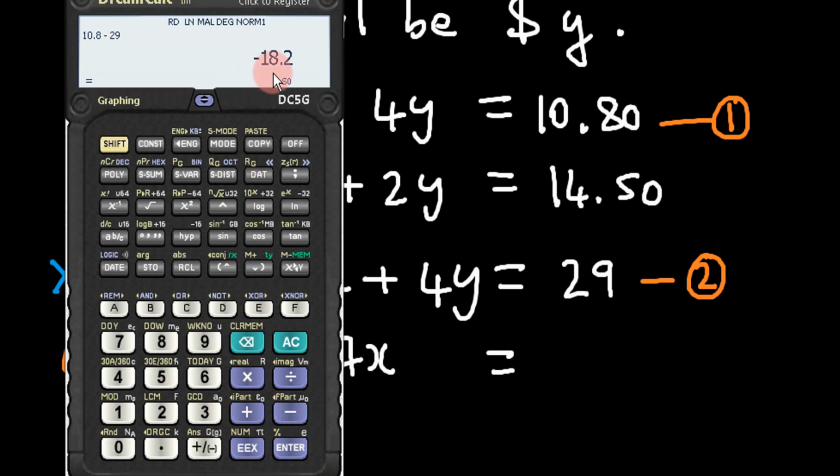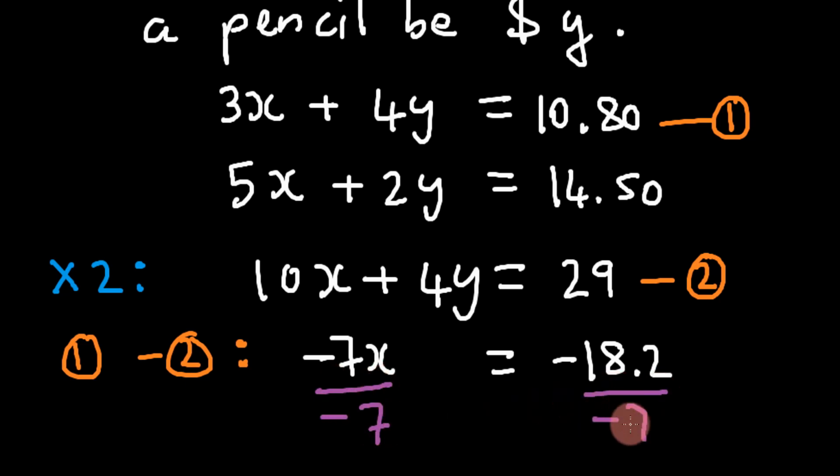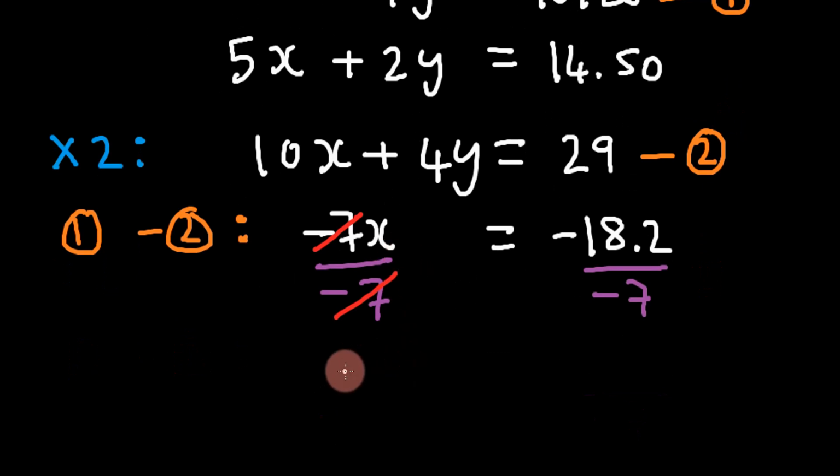And it comes to negative 18.2. We can solve for x here by dividing both sides by negative 7. So the negative 7s will cancel here, and we're left only with the x on the left-hand side.